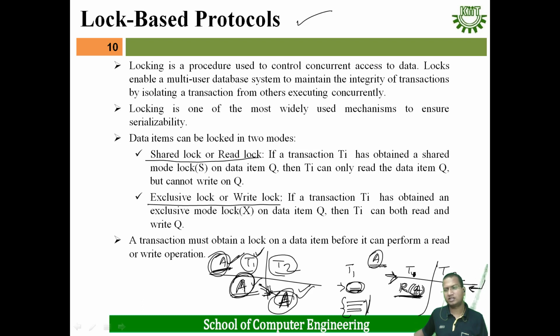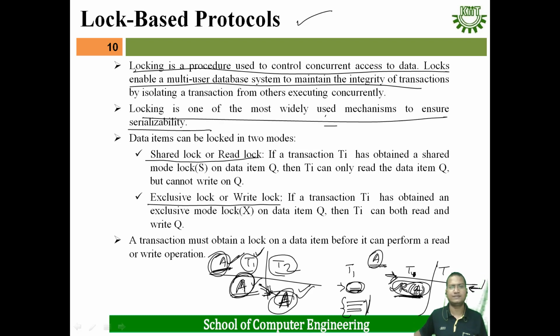If the concurrency control manager grants a lock on A, then T1 can do the read operation on A. In this way the locking protocol works. Locking is a procedure used to control concurrent access of data. Locks enable a multi-user database system to maintain the integrity of transactions by isolating a transaction from others executing concurrently. Locking is one of the most widely used mechanisms to ensure serializability.